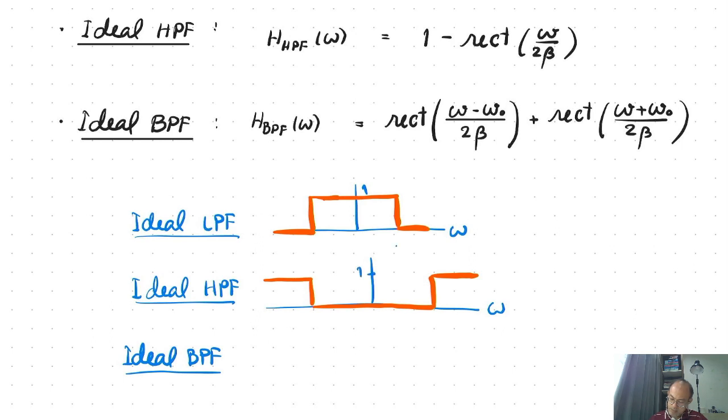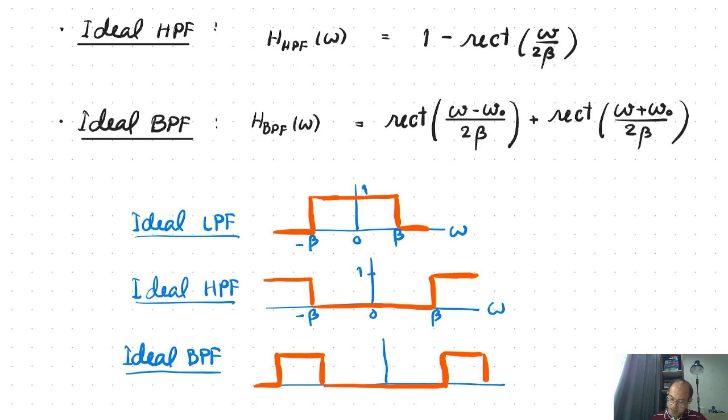This is beta, minus beta. This is minus beta. This is beta. And the ideal bandpass filter is, of course, a rectangular that goes to the left and goes to the right.